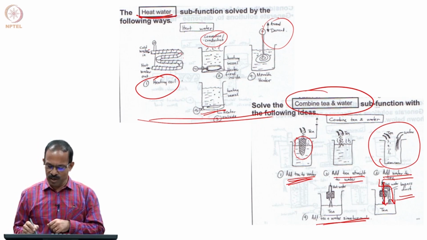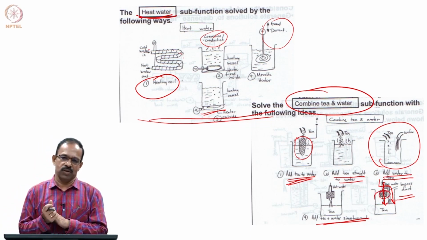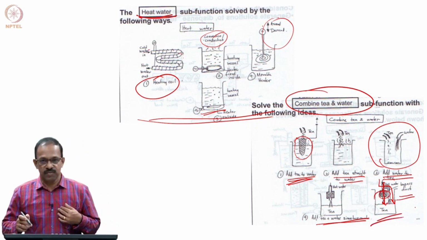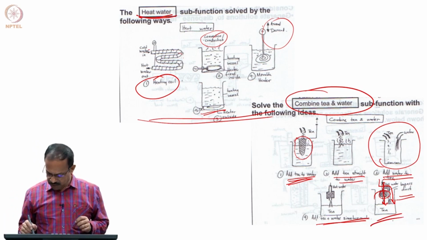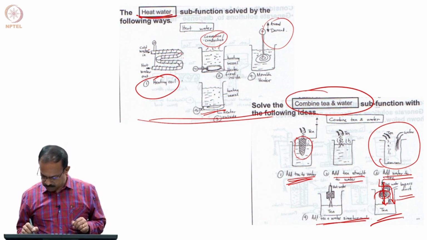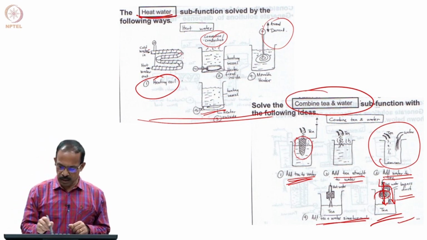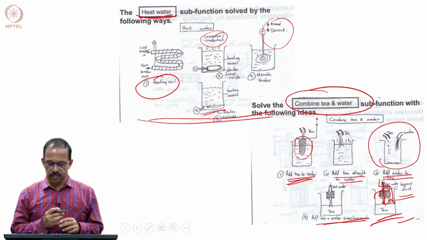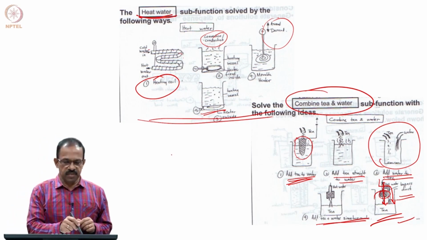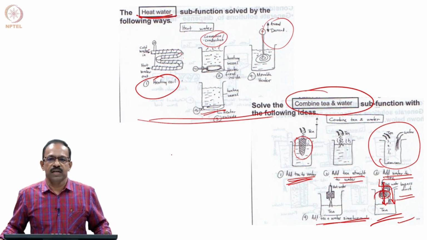Here you can actually control the amount of water passing through this, so you can have better control on the quality of the tea. So, these are the ways in which you can think of combining tea and water. This is how we actually do the 635 method of idea generation.